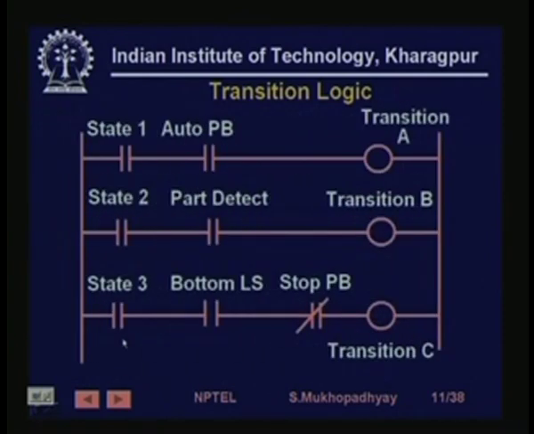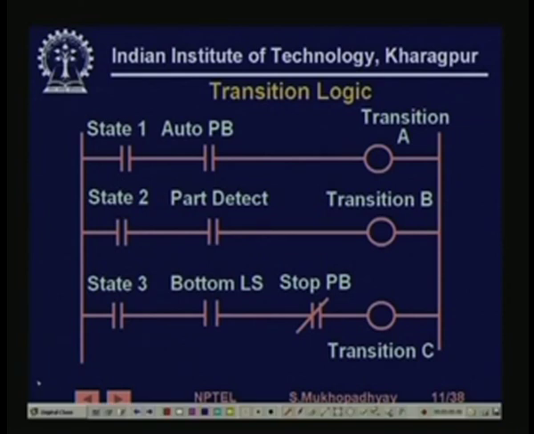So, let us first see the transition logic. What does it say? It says when the transition A logic will be satisfied. The transition A logic, if you recall, brings the system from state 1 to state 2.